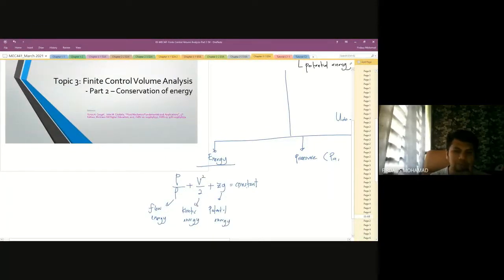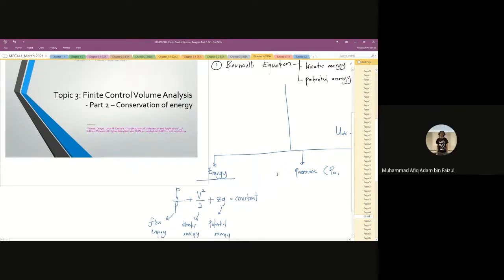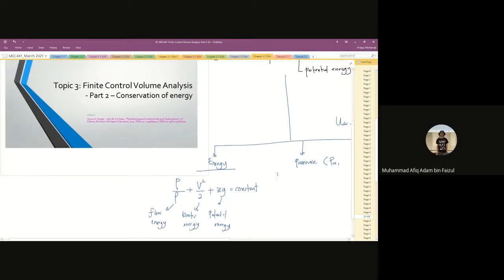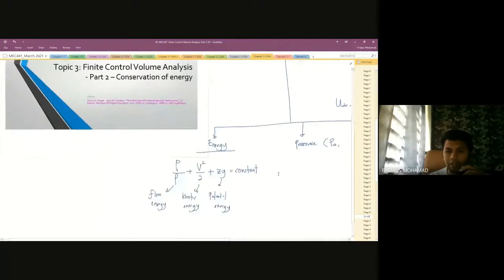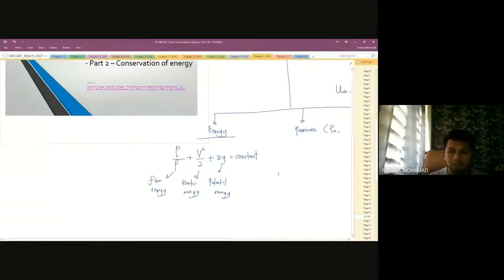Kenapa constant? Any idea why it is constant? Ada idea? Energy in equal to energy out. Yeah, very good. Energy in equal to energy out.